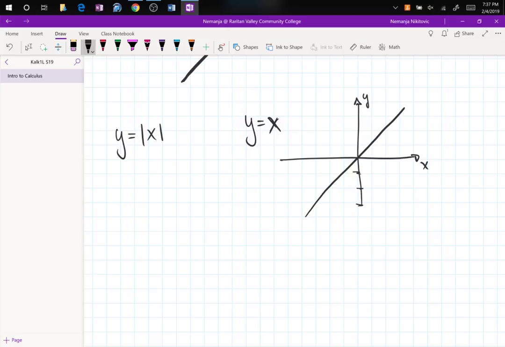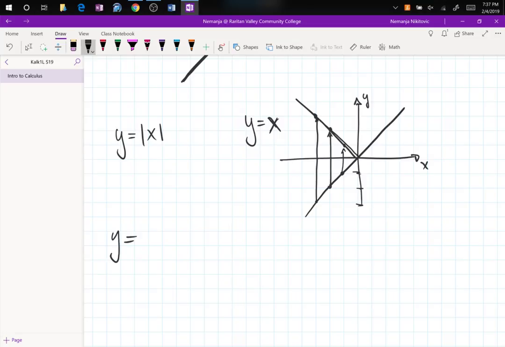So we are supposed to reflect this up into the positive quadrant. So this point goes there, this point goes there, and we get this piece, which is absolute value of x.